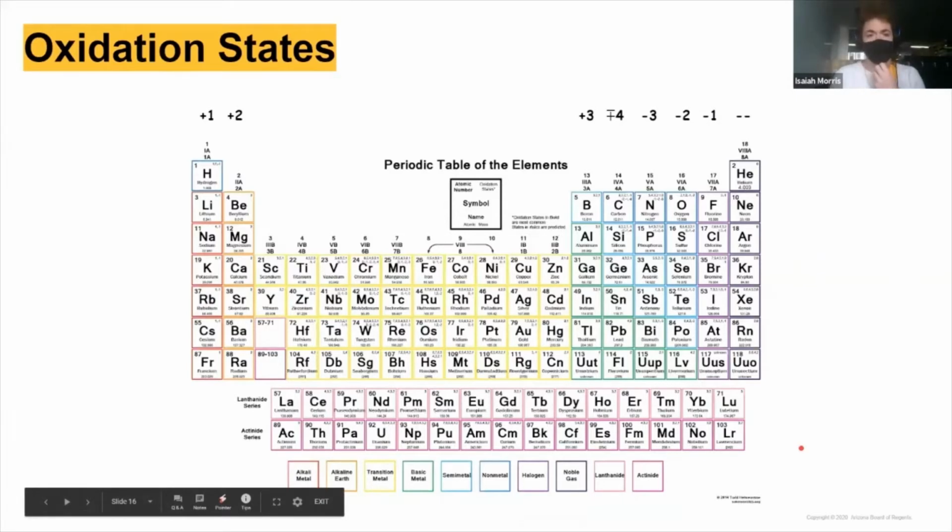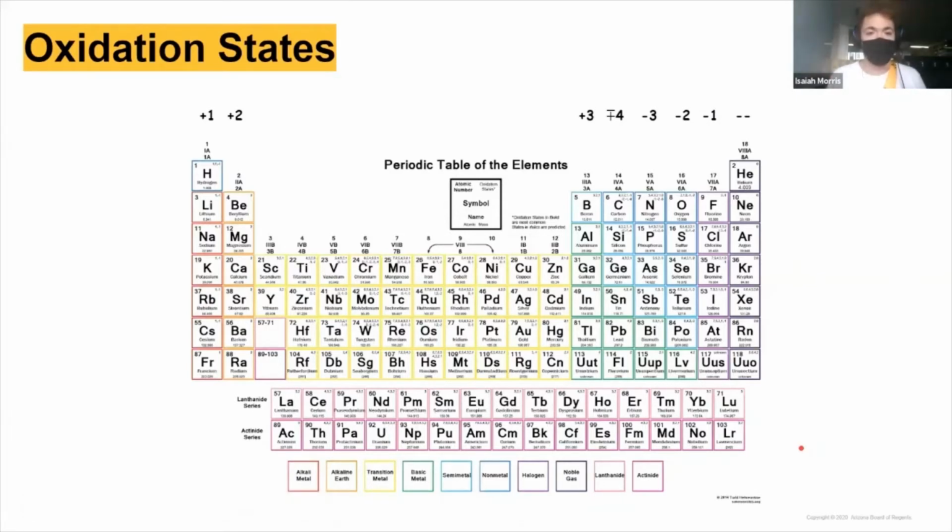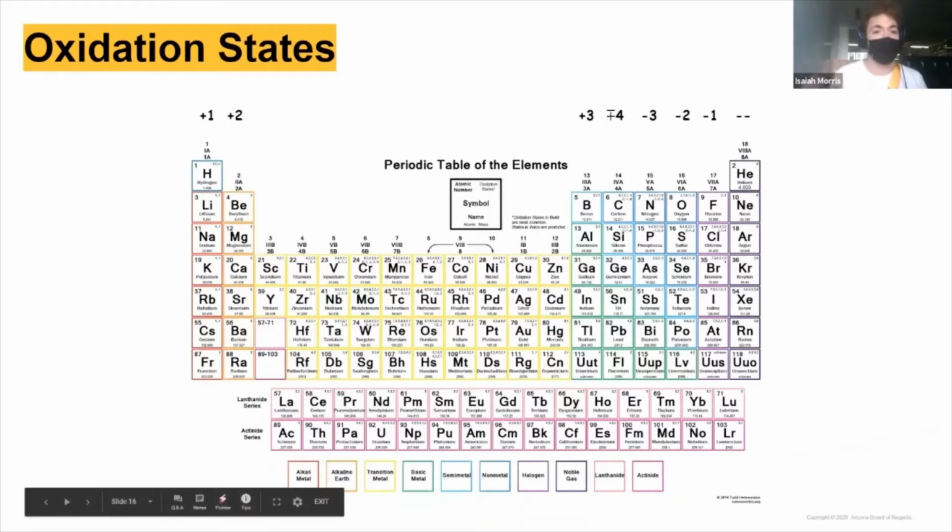So thinking about this going forward, all of these elements naturally carry an oxidation state, or the need to either gain or release electrons. So thinking about something like hydrogen. Hydrogen has an oxidation state of 1, and it's carrying that 1 electron with it.